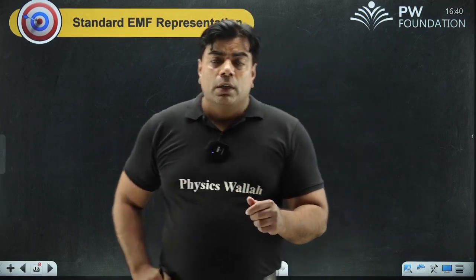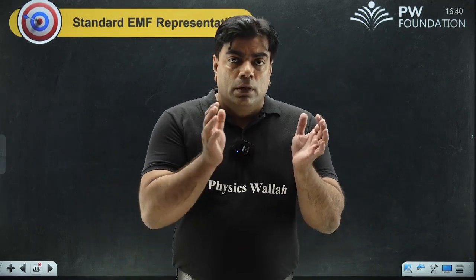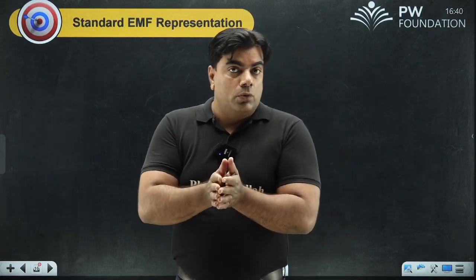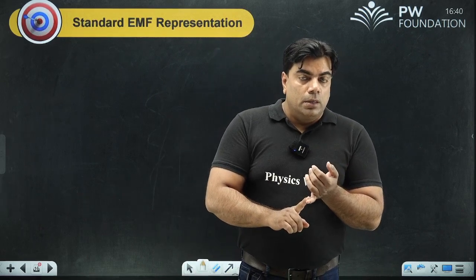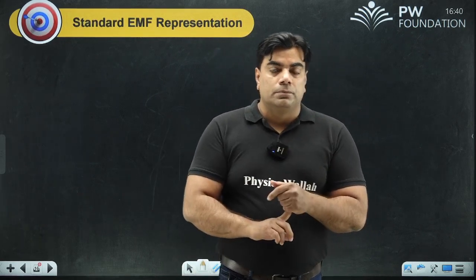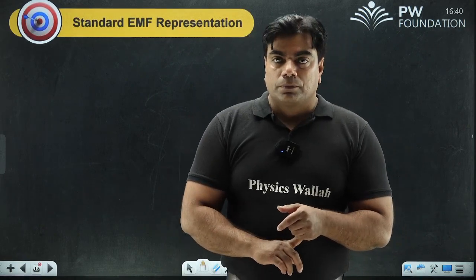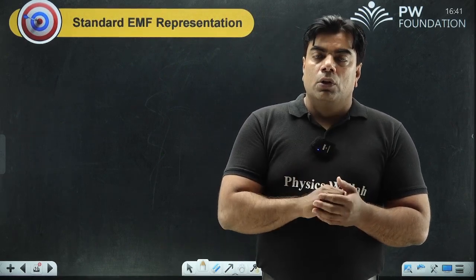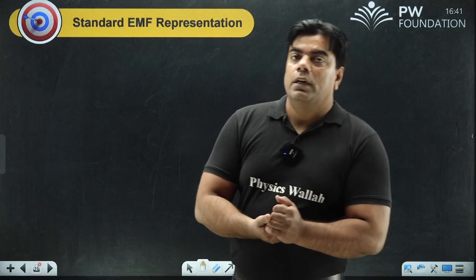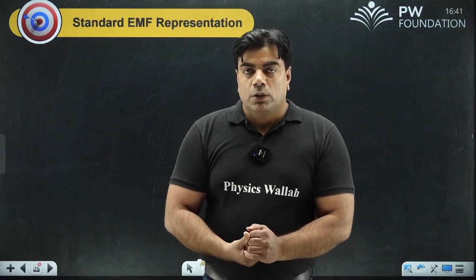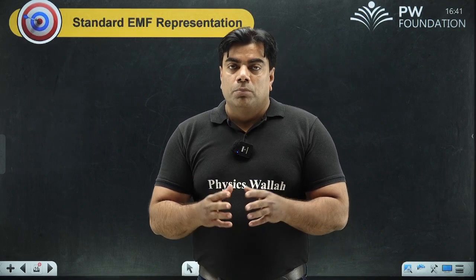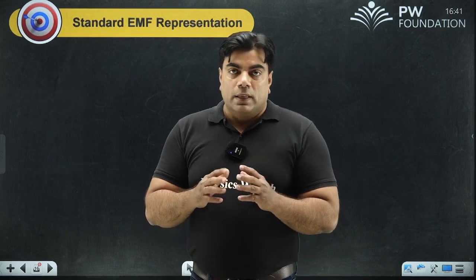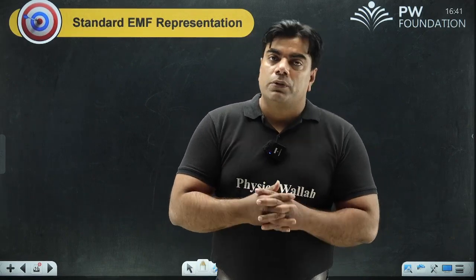As I already explained, when a metal rod is dipped inside its own electrolytic solution, that metal rod develops either a positive or negative charge with respect to the electrolytic solution, and therefore a potential difference develops between the metal rod and the electrolytic solution. This difference of potential is called electrode potential.